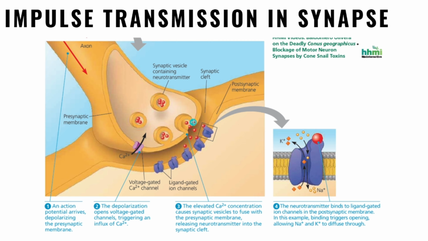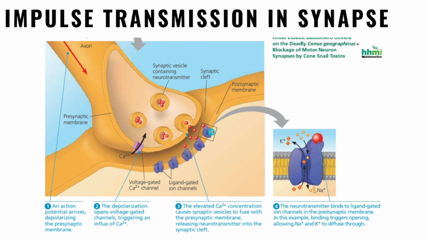Then the neurotransmitter passes through the synaptic cleft and binds to the receptor located at the postsynaptic membrane. For acetylcholine, there is an acetylcholine receptor; for noradrenaline, a noradrenaline receptor. The binding causes the ligand-gated ion channel to open or close to allow particular ions to diffuse across the postsynaptic membrane, resulting in a graded potential.